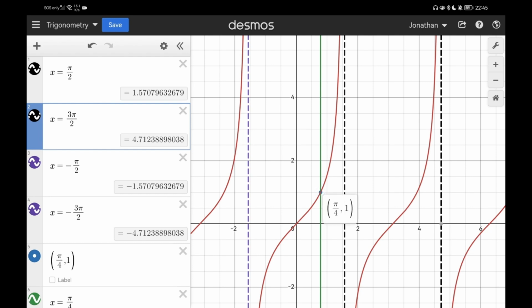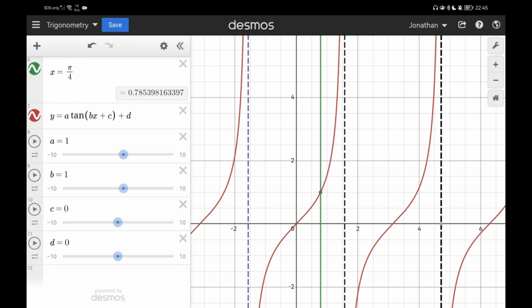Its original value is 1 at pi over 4, for your understanding.